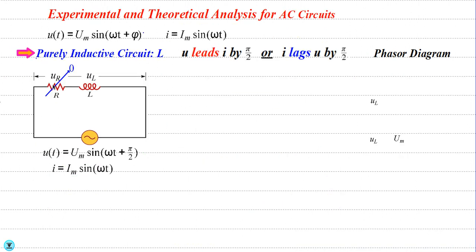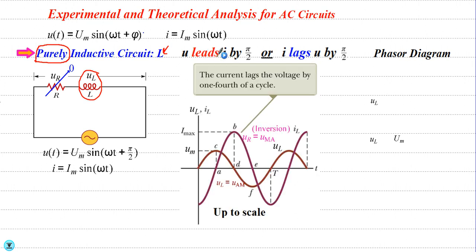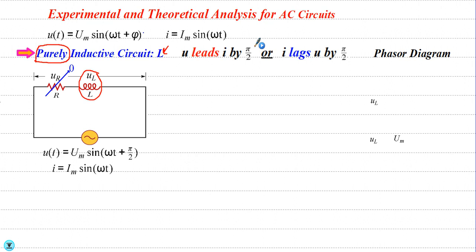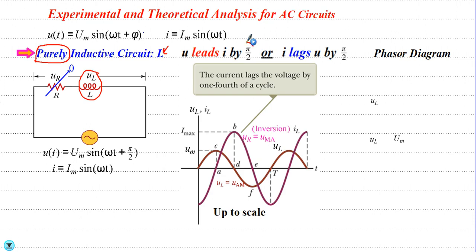Now we are gonna have the resistance be 0, so we're gonna only have an inductance. So that's called a purely inductive circuit. In this case, U leads I by pi by 2, or I lags U by pi by 2.